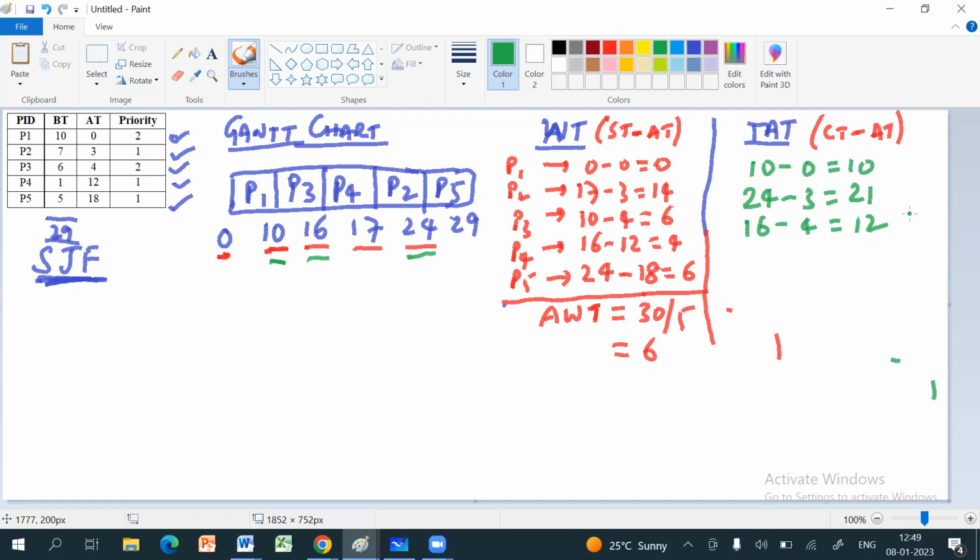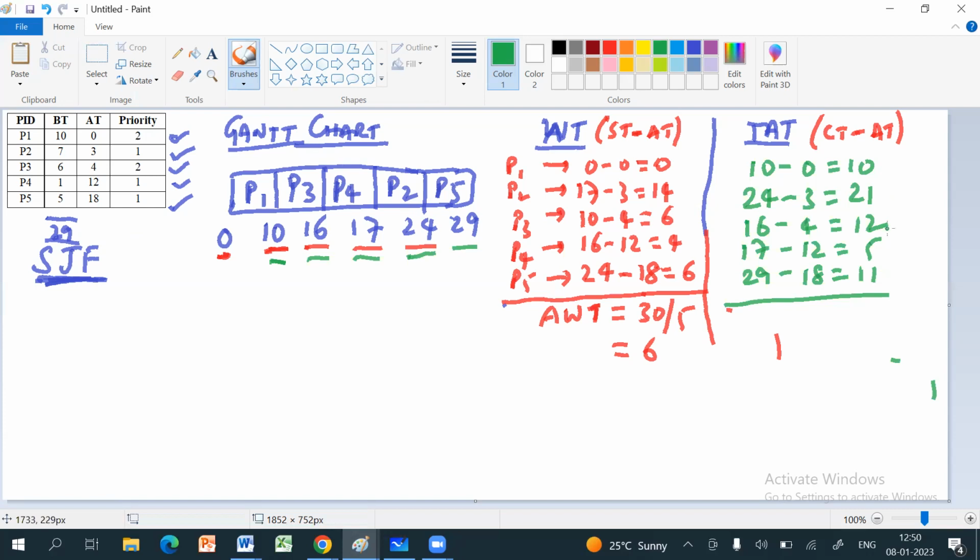Then P4 completed at 17. So 17 minus 12, which is 5. And similarly, P5 completed at 29. So 29 minus its arrival time, which is 18, gives 11. Compute the average turnaround time, which is the sum of all this divided by 5.